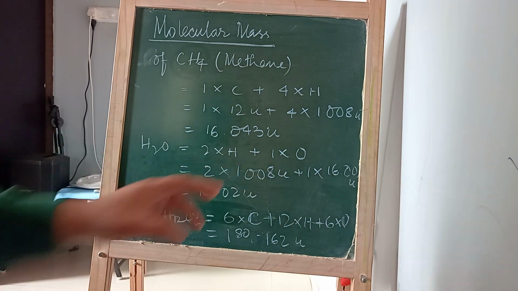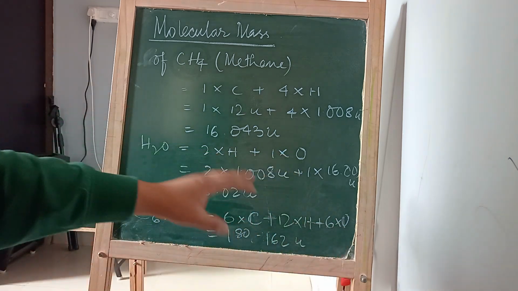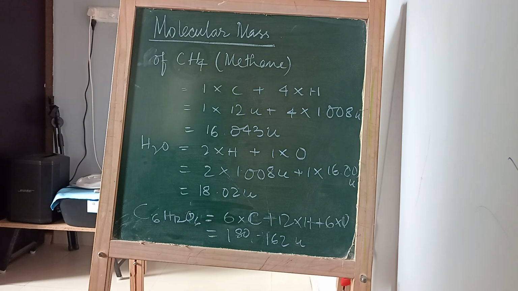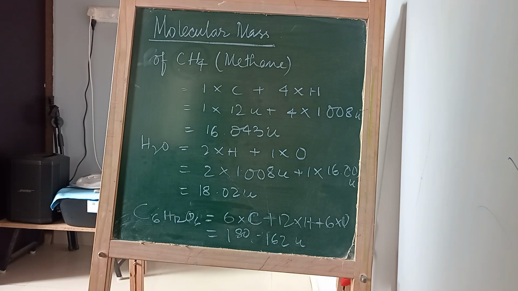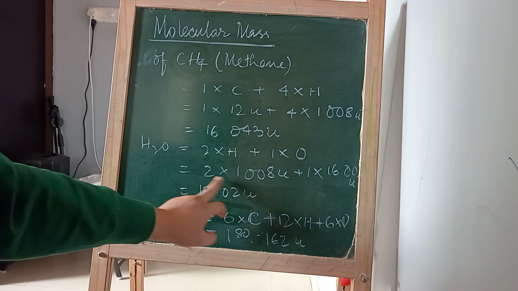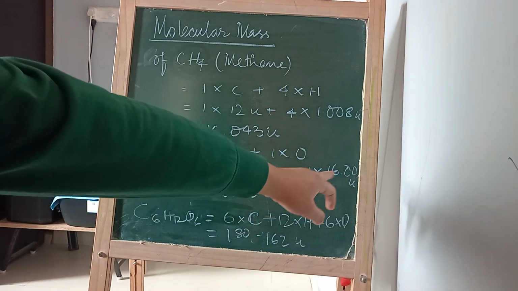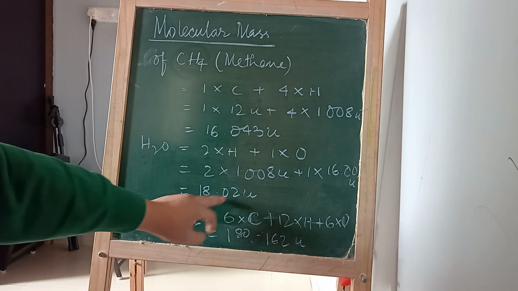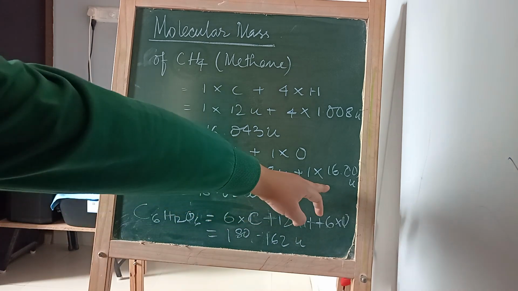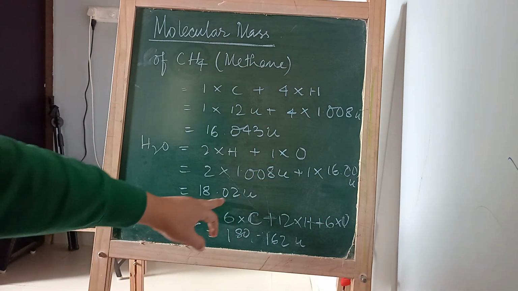The atomic mass, if the element exists as isotopes, will be the average atomic mass, considering the percentage abundance of the isotopes available in nature. Then 2 into 1.008 u, and 1 into 16.00 u combined together, the mass of two hydrogen atoms and one oxygen atom, is 18.02 u.